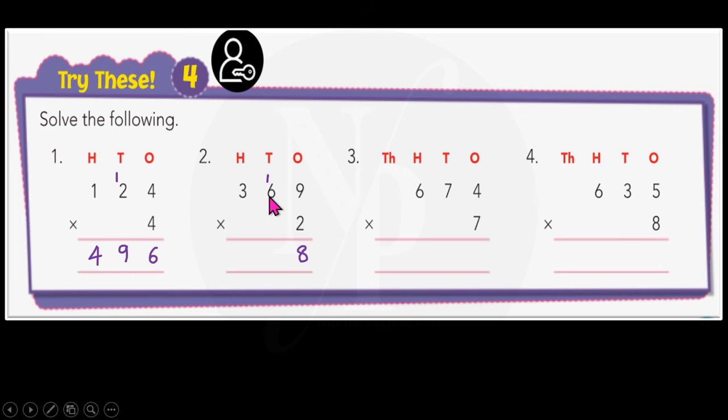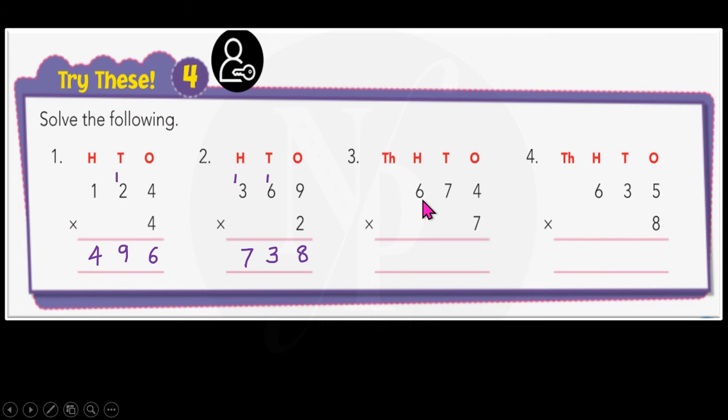So 13 tens. 13 tens are regrouped as 1 hundred and 3 tens. Now we multiply this 3 by 2. So 2 threes are 6. 6 plus 1 is 7, which is 700. Therefore, the product is 738.